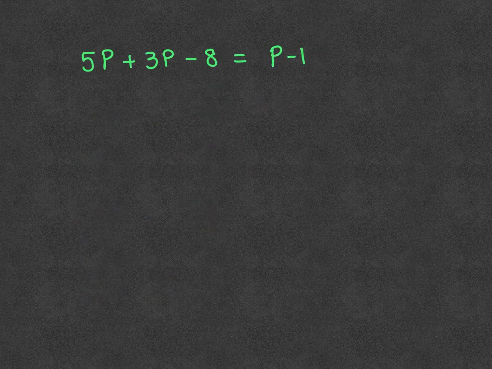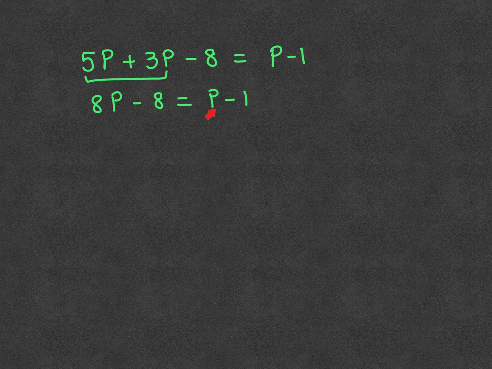In this next question, this side has two terms that are like terms. We can combine these like terms first. So that is 5p plus 3p is 8p minus 8 equal to p minus 1. This is the question where we have a variable on both sides. Aim is to combine the variable on one side and the constants on the other side.